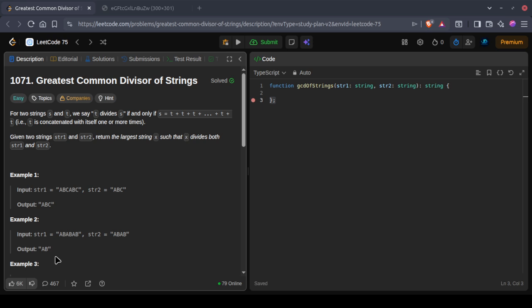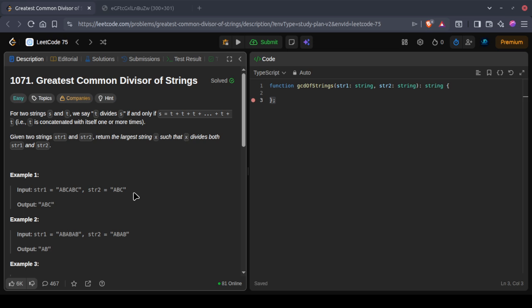Now, how to think about this problem? Do not jump to code. Think like this: I have a string ABC, ABC, and in this string too ABC. Now ask yourself, what is the smallest piece that builds both strings?